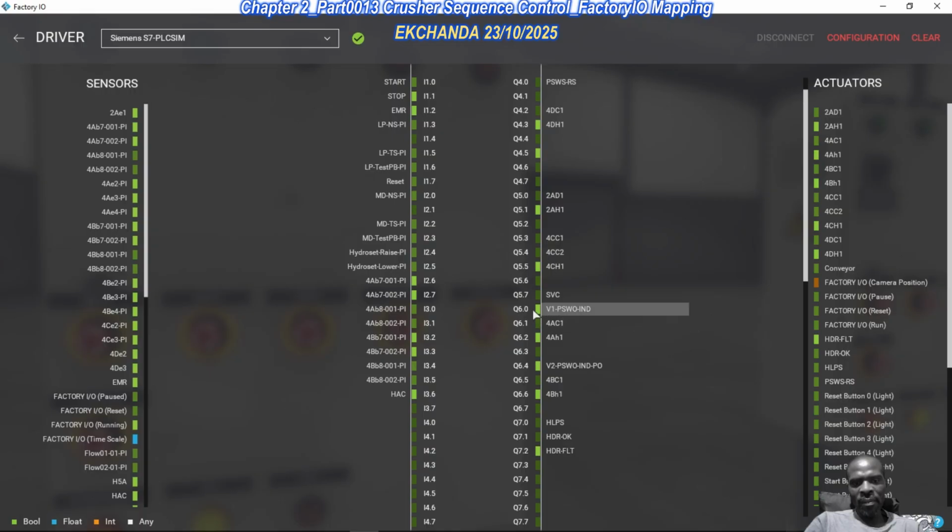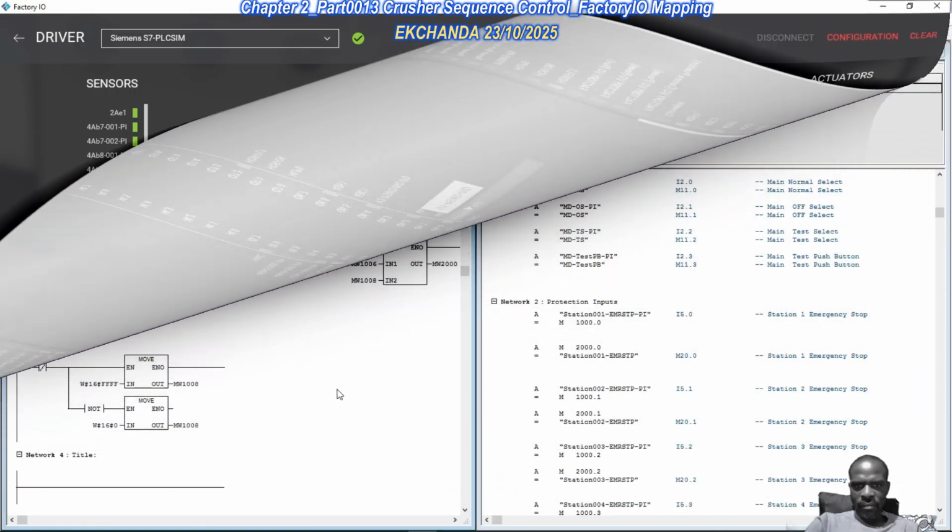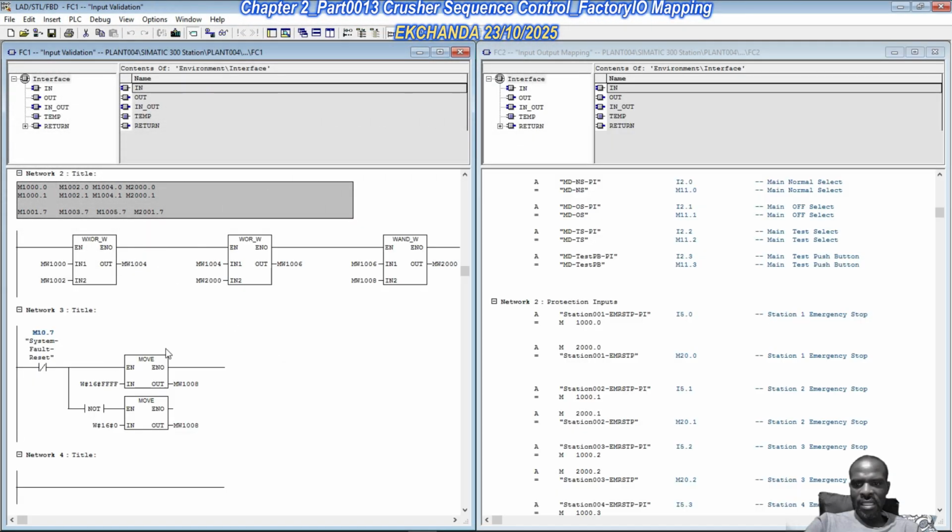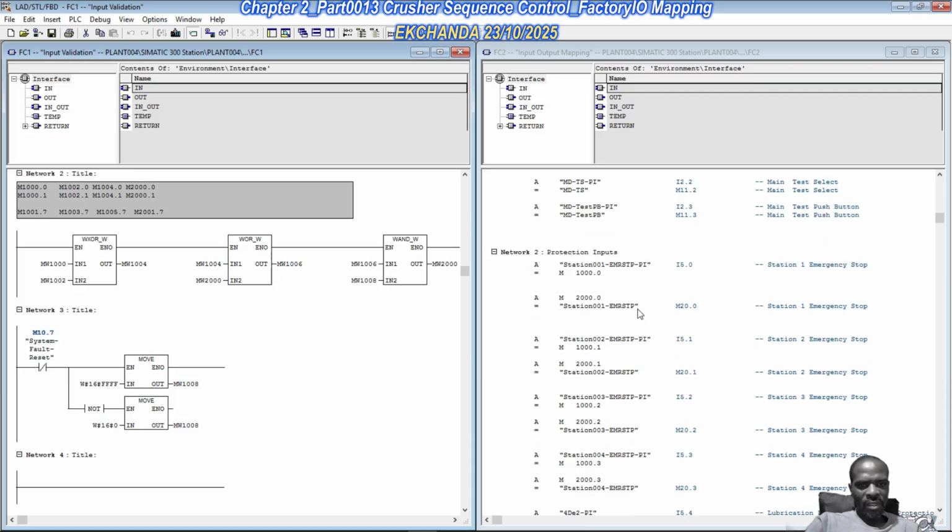That's when you expect the powder switch operated indicator lamp to be true. This is how we were validating our inputs, and I hope you remember what we're doing.